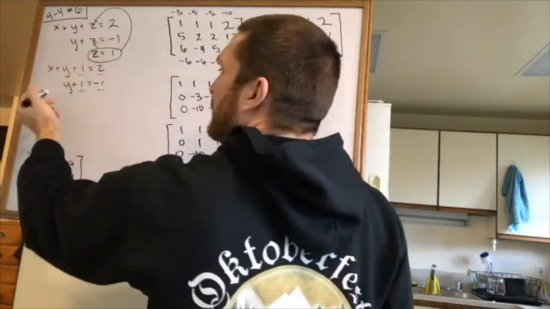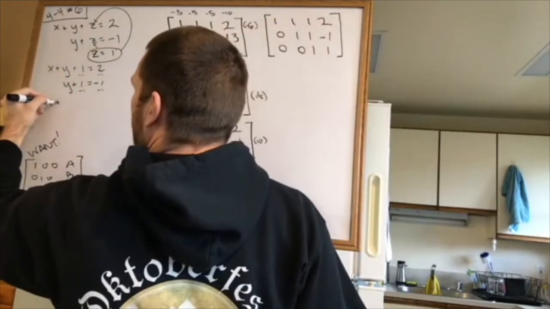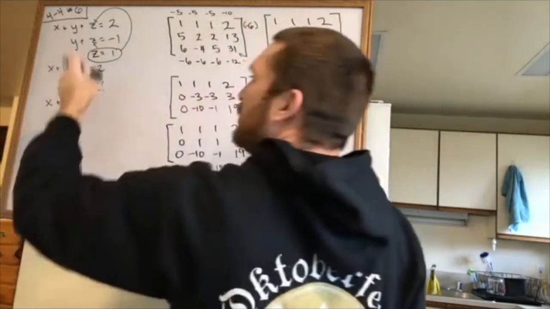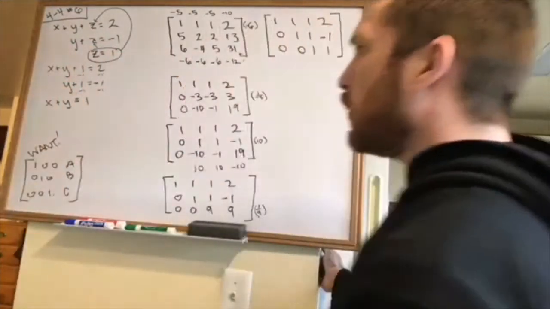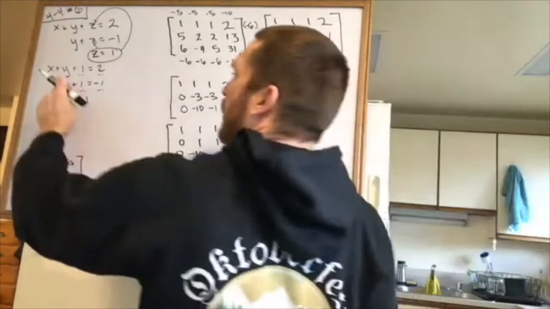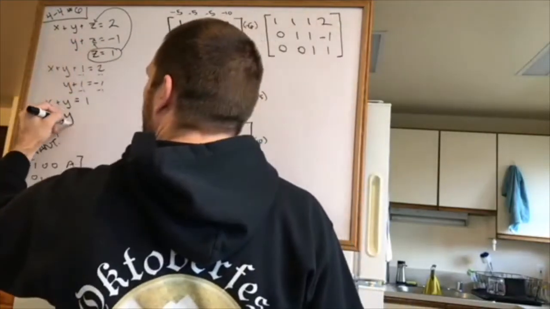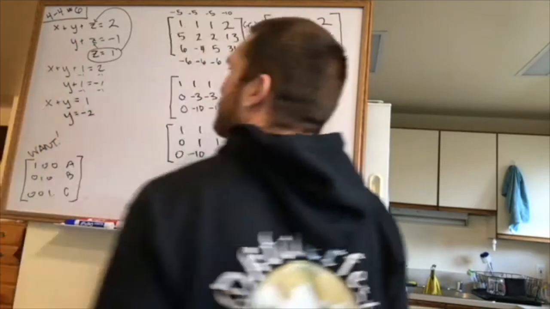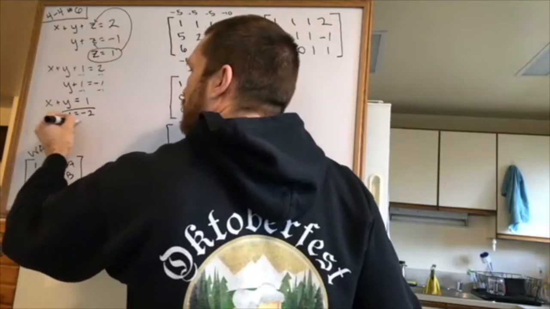I'm just solving this equation for x and y. Getting x and y by itself gives me 2 minus 1 is a +1. And then y plus 1, I take that over and get y equals -2. So I found that z equals 1. I found that y equals -2.